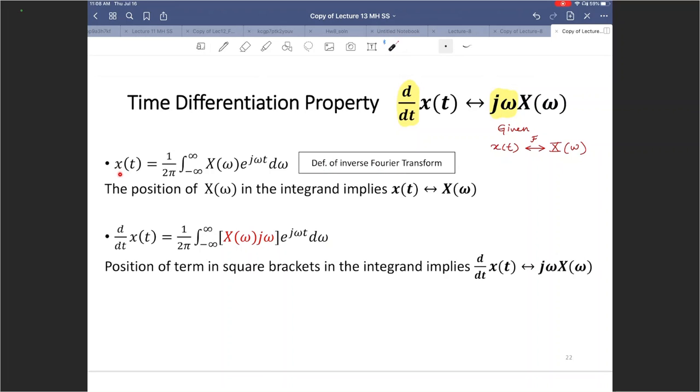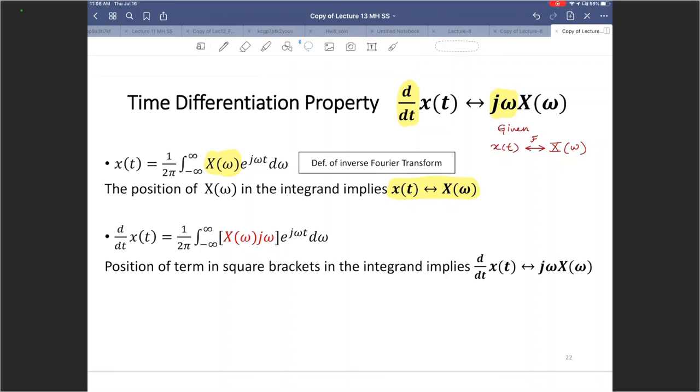The inverse Fourier transform definition says I can go back from frequency to time domain if I know X of omega. And the time domain signal x of t will simply be 1 divided by 2 pi, integration over all omega, of X of omega e to the plus j omega t. And actually the position of X of omega over here in the integral is what implies that this is a Fourier transform pair.